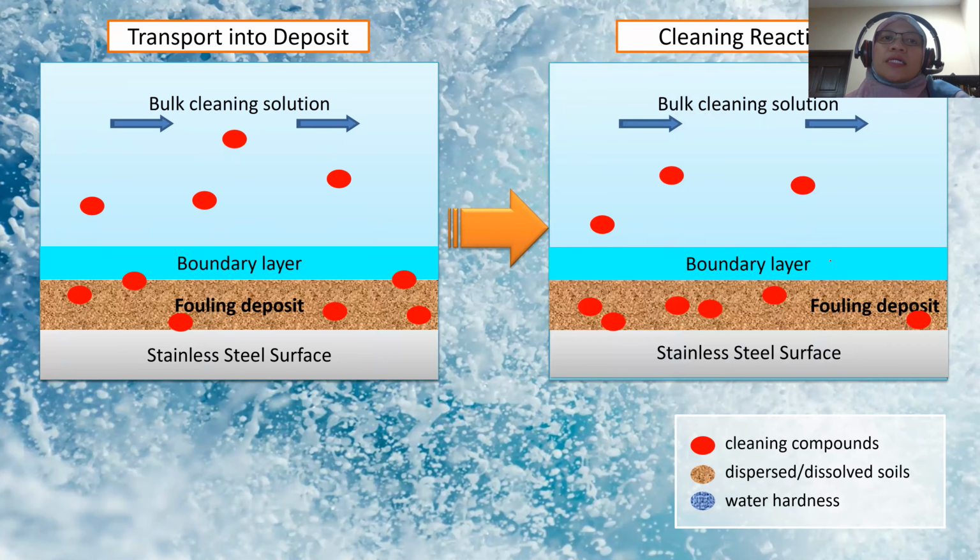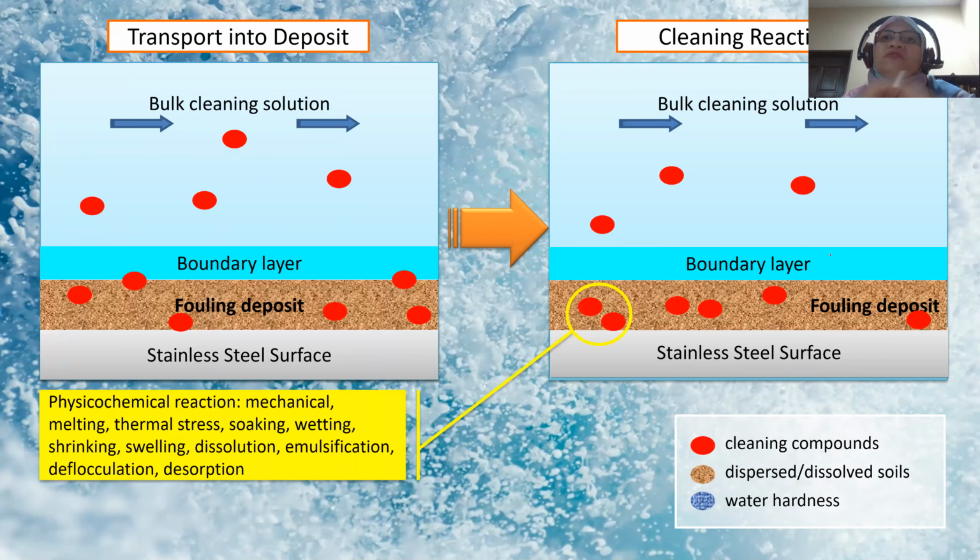Next is the cleaning reaction. This cleaning reaction occurs when cleaning compounds come in contact with the fouling deposit, and the reaction can be divided into physical-chemical reaction and chemical reaction.